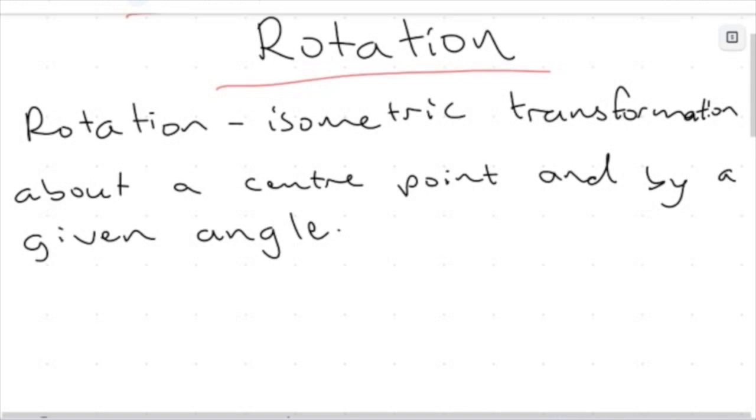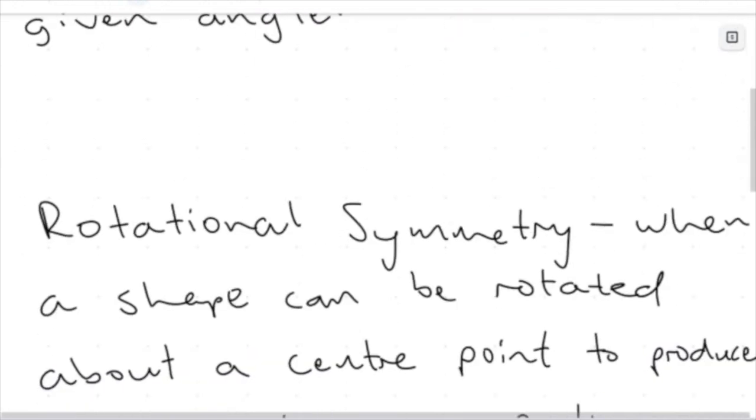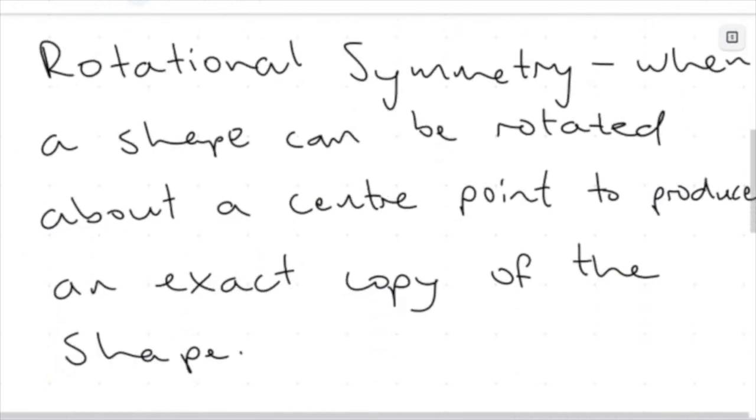Now, I want to just take a brief second to talk about what we call the rotational symmetry of a shape. Once again, I've written out this definition for you, but rotational symmetry is when a shape can be rotated around its center point to produce an exact copy of itself.